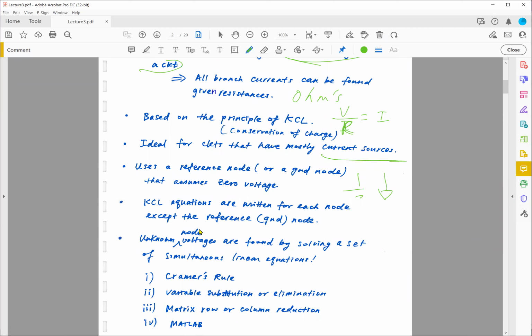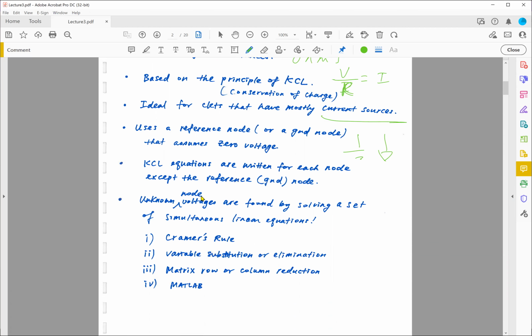So for example, if you are trying to solve for three unknown node voltages, then you will need to have three sets of KCL equations. However, for the reference node, you will not need a KCL equation for that. All the unknown node voltages can be found by solving a set of simultaneous linear equations.